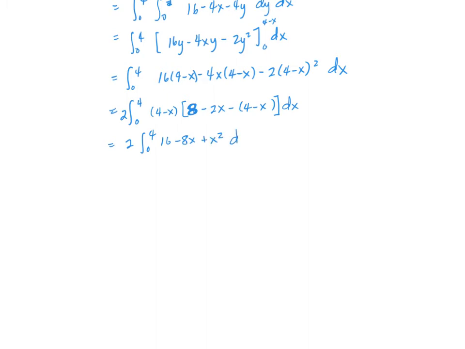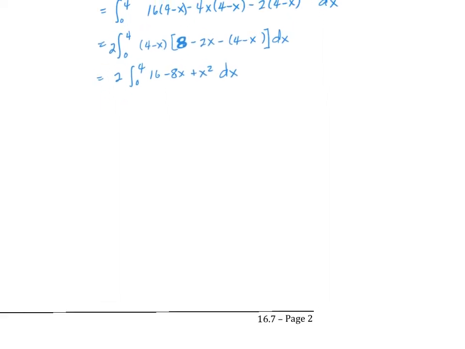Again, double check me on this, you guys. Okay. So integrating, I get 16x minus 4x squared plus x to the third over 3.